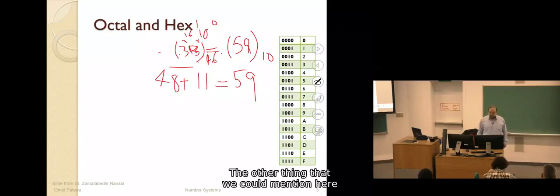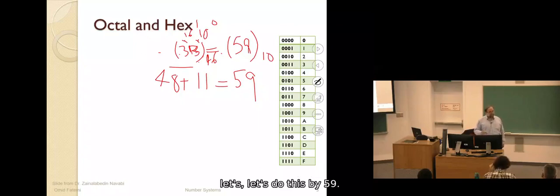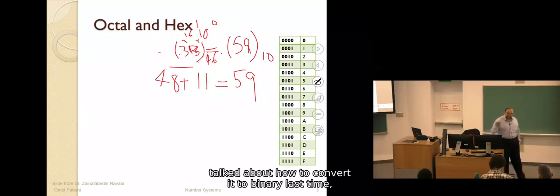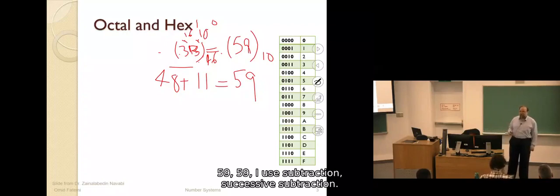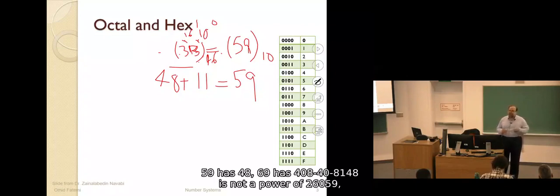The other thing that we could mention here is if you want to convert it to binary. Let's do this for 59. 59 is decimal, and we have talked about how to convert it to binary last time. 59, I use successive subtraction. 59 has 48.